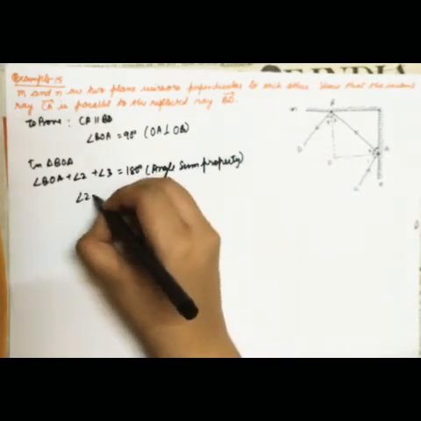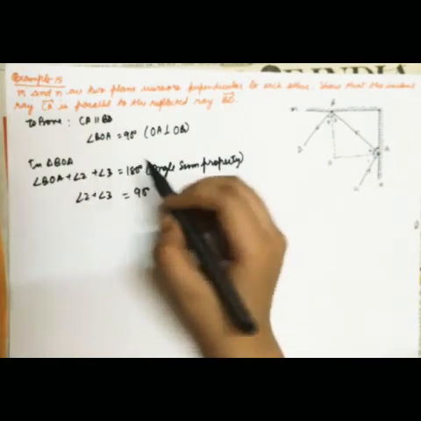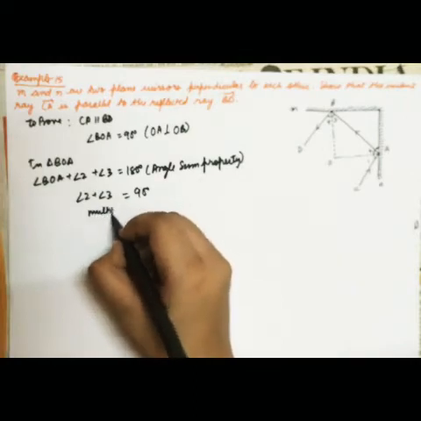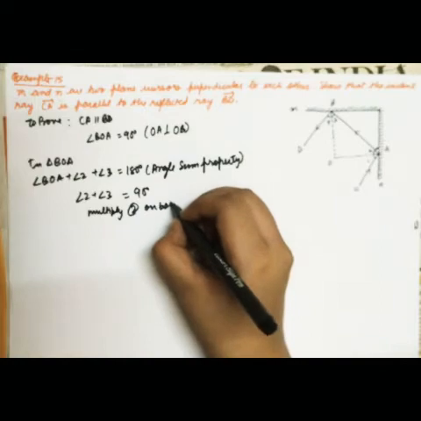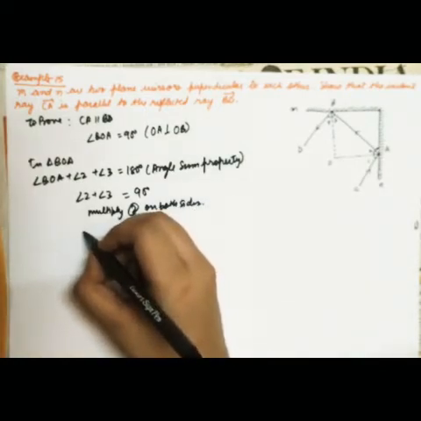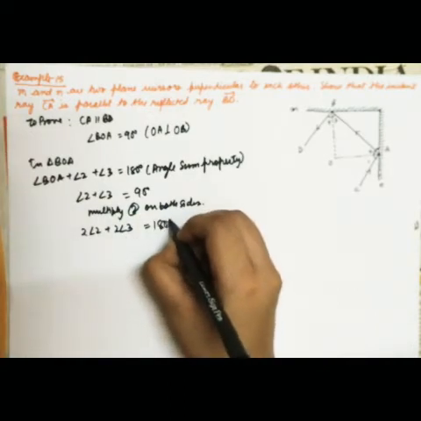Now angle 2 plus angle 3 is equal to 90 degrees since BOA is 90 degrees. Now we will multiply 2 on both sides. So 2 times angle 2 plus 2 times angle 3 is equal to 180 degrees.